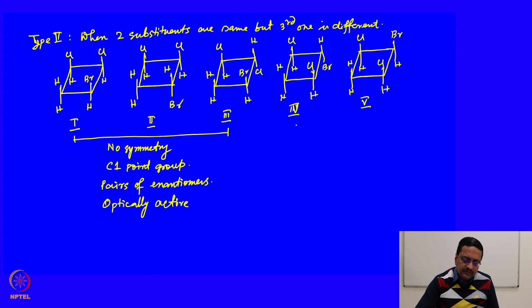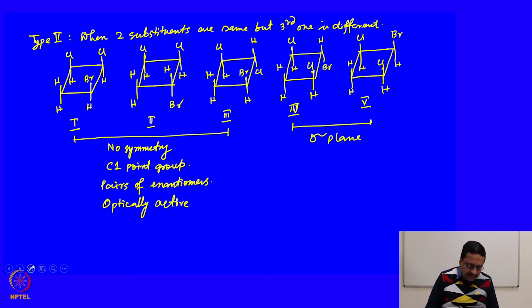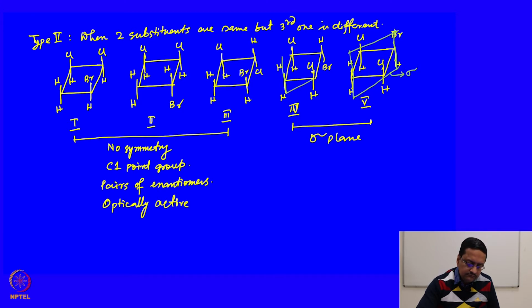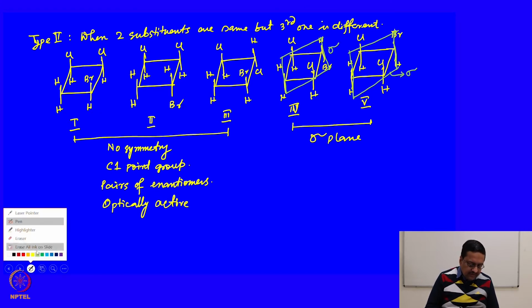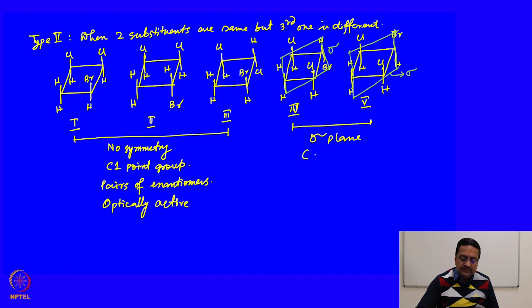When you look at the other two, 4 and 5, both of them contain a sigma plane. I hope you are able to identify the sigma plane very easily, and the sigma plane is this one. Therefore, they as usual belong to point group CS, and hence they are optically inactive.